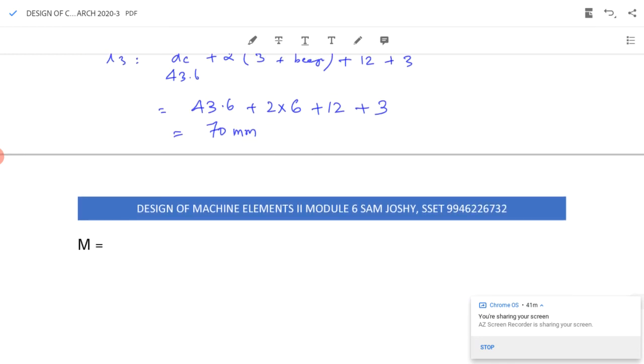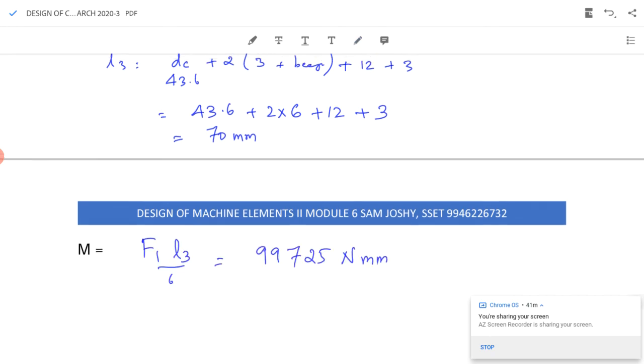So I can write M equal to Fi into L3 by 6. I will get a value almost 99,725 Newton millimeter.